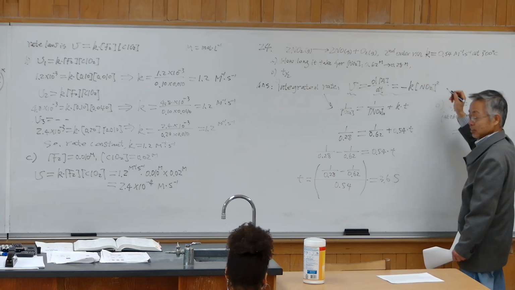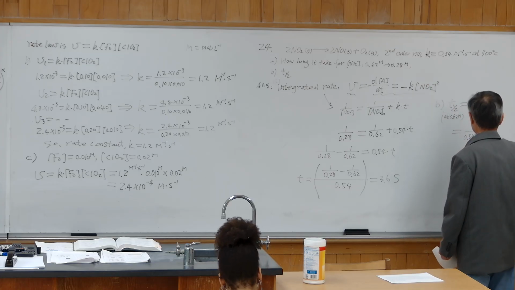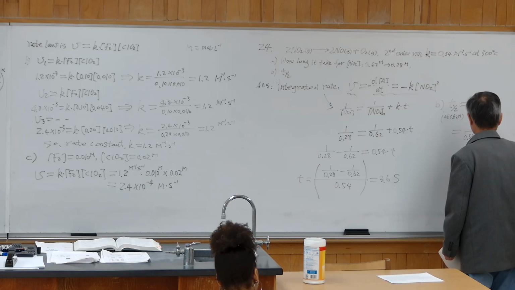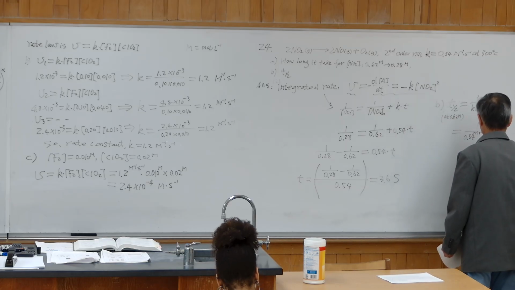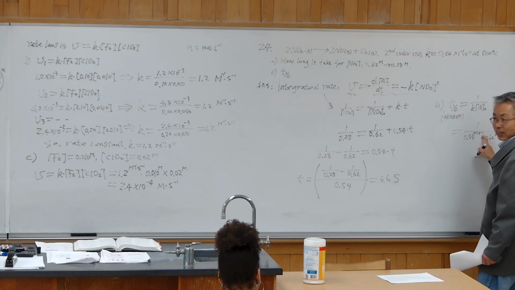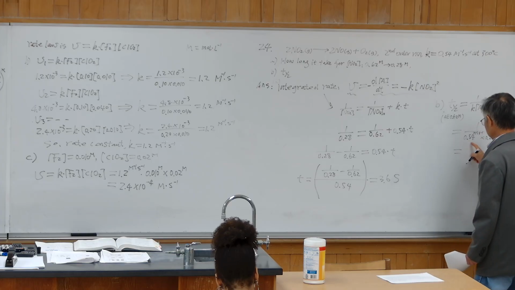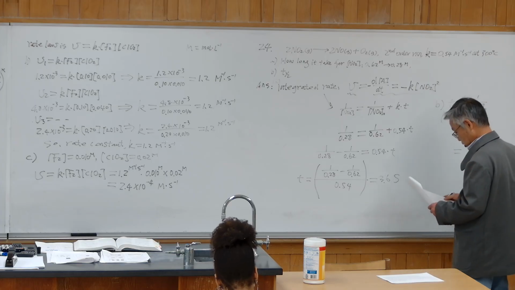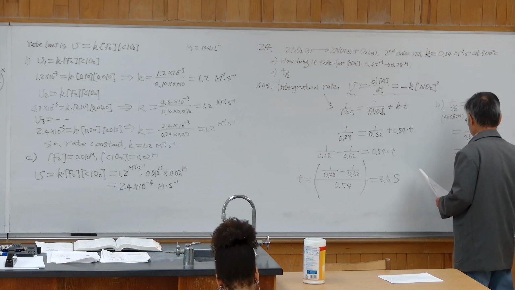K is 0.54, per molar per second, times concentration 0.62 molar. So molar concentration gives per molar. Then per second in the denominator, flipped over, is second. Right, use a calculator: 1 divided by 0.54 divided by 0.62. This gives you the answer, 3 seconds.